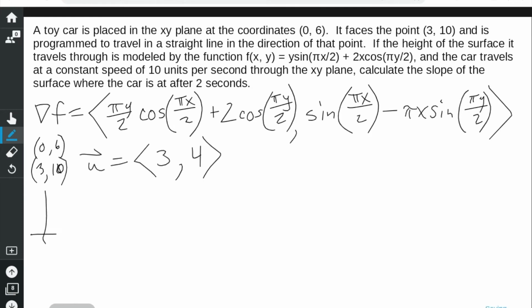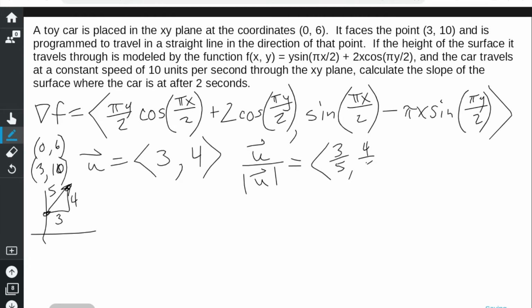I'll quickly point something out: with our two points, sometimes there's a reason when the sides are 3 and 4. It's nice that we know the magnitude of our vector is 5. So we end up with a unit vector of 3/5 and 4/5.